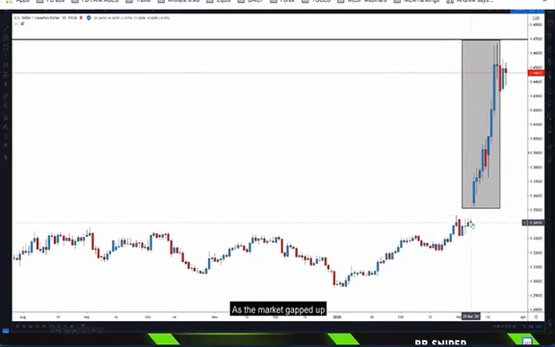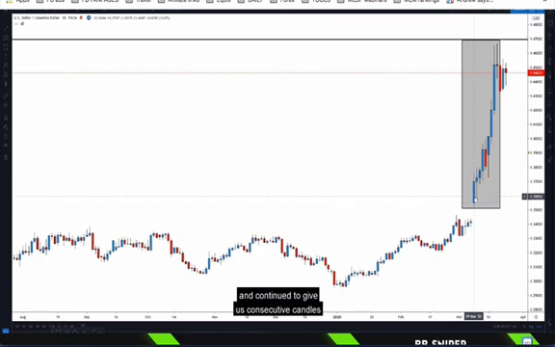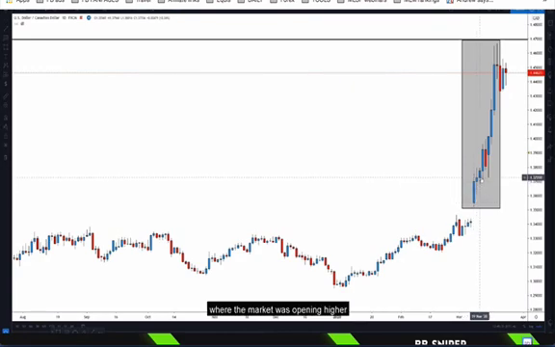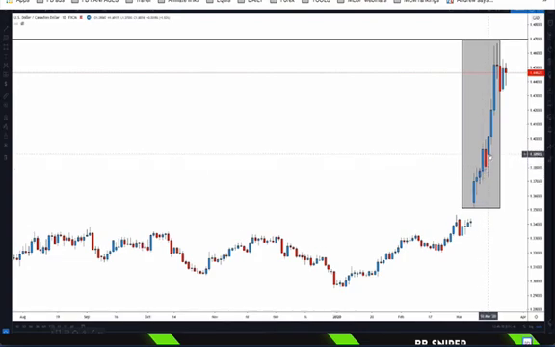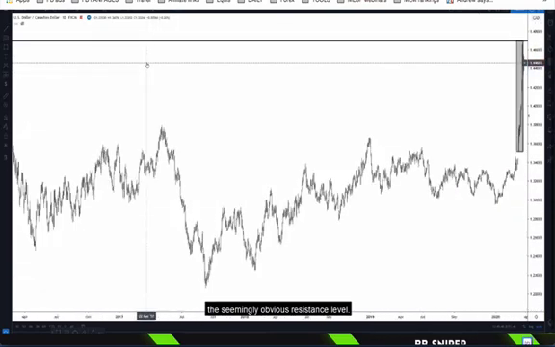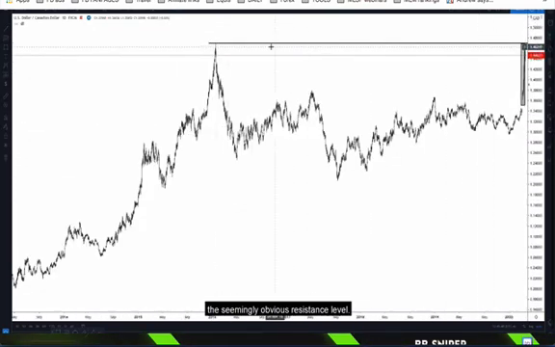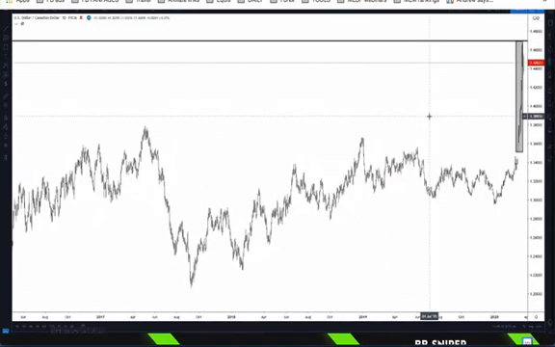As the market gapped up and continued to give us consecutive candles where the market was opening higher than where it was previously and showing lots of strength up until we arrived at the seemingly obvious resistance level.